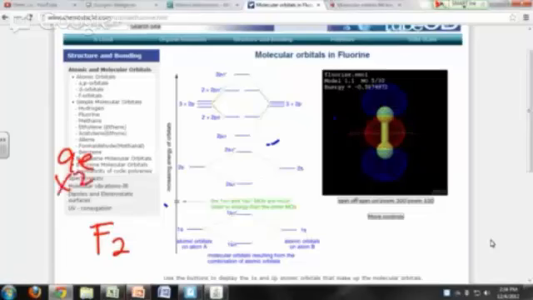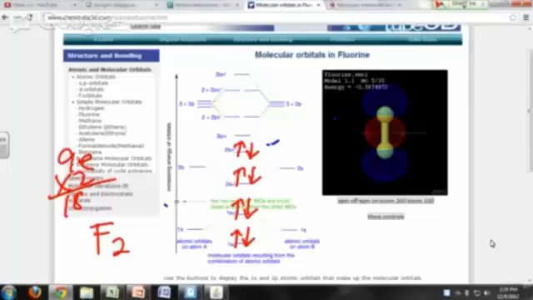Let's assign those electrons. In 1s sigma, you can put 2 electrons, one spin up, the other spin down. 1s sigma star, one spin up, one spin down. That takes care of 4. How many more to go? 14 more. 2 more in the 2s sigma, and then 2 more in the 2s sigma star. That takes care of 8. The 2p sigma, that's 2 more, that's 10.